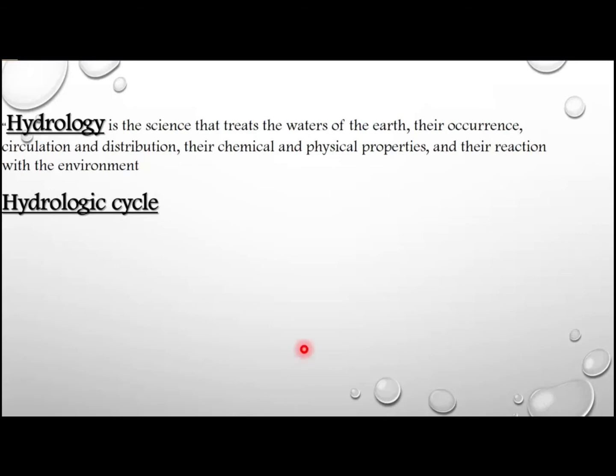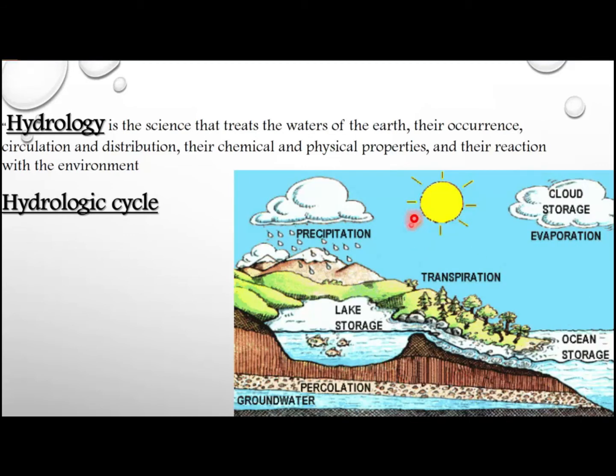As we already know, there exists a cyclic motion of water between different phases having a different recurrence period or different residence period in each phase. Okay, so here we can see from the picture there is a cyclic motion between atmosphere, land area, ocean.